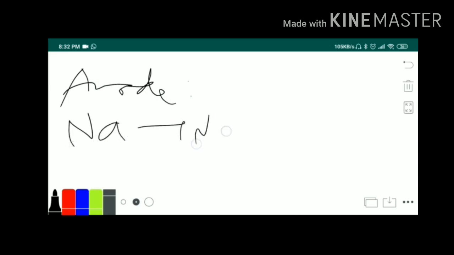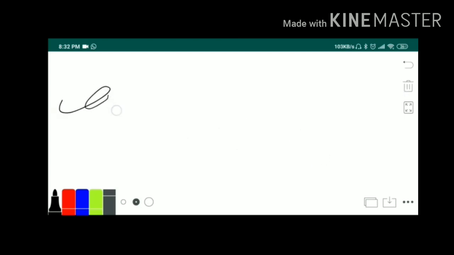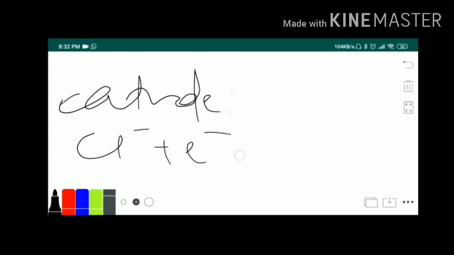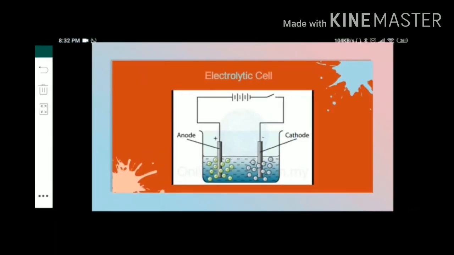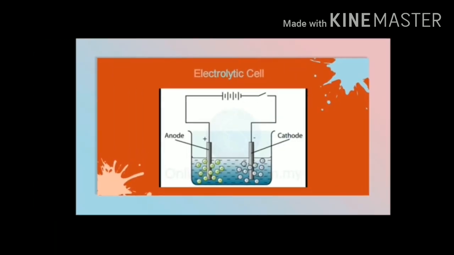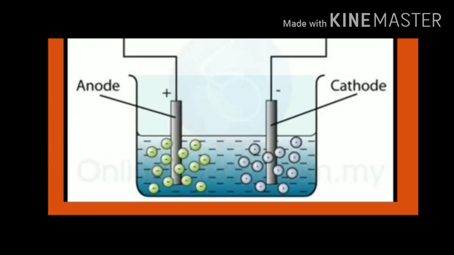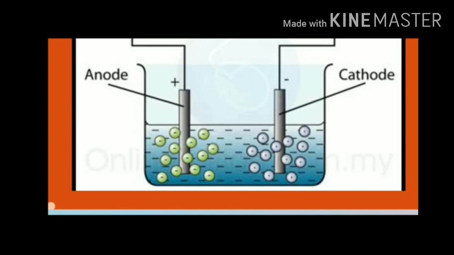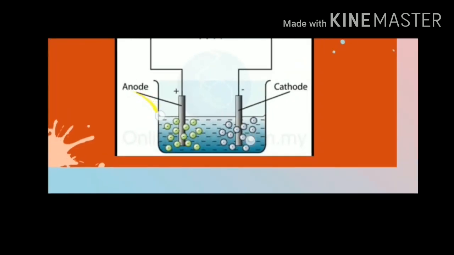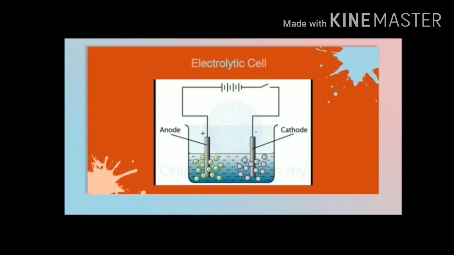At the cathode this Cl- accepts one electron and becomes Cl. So in this reaction, all the sodium ions move here and, being positive, they deposit here. So the electrolytic cell is used for electroplating.